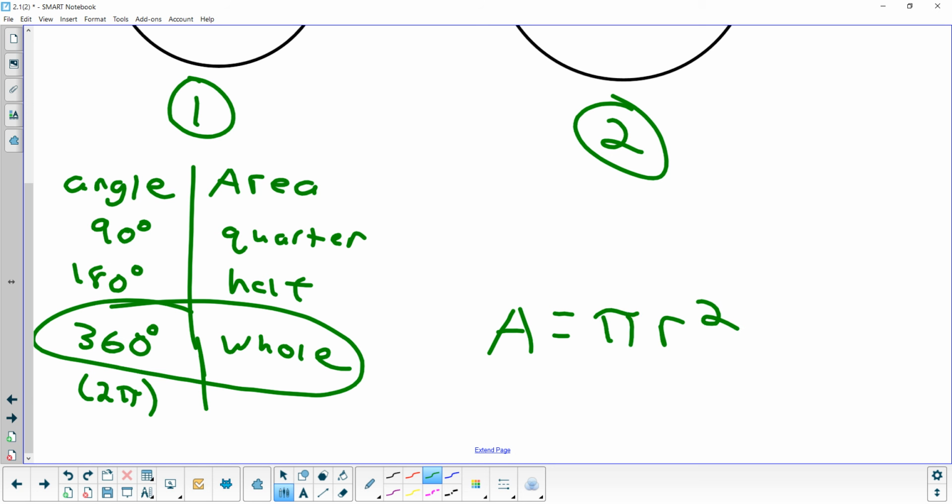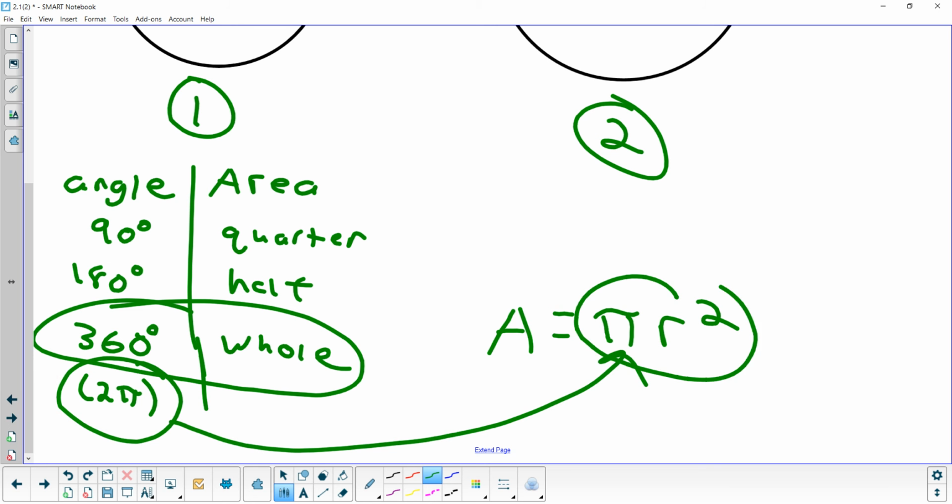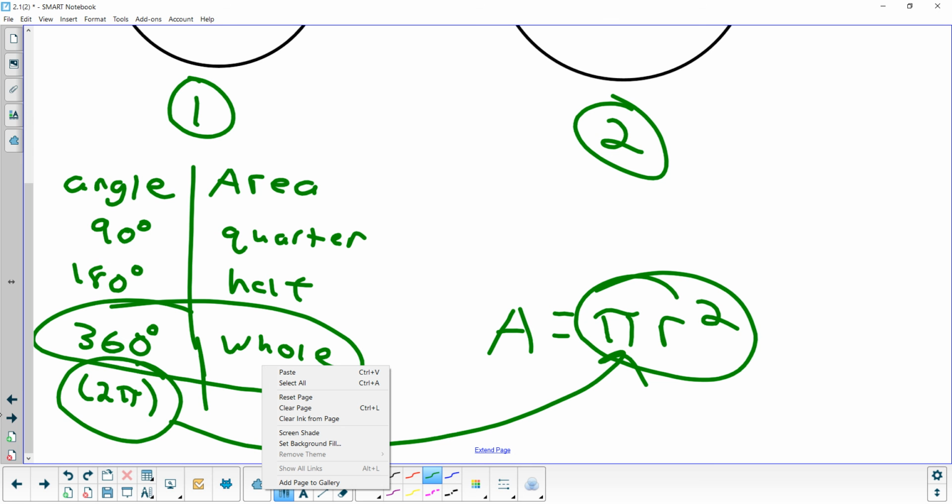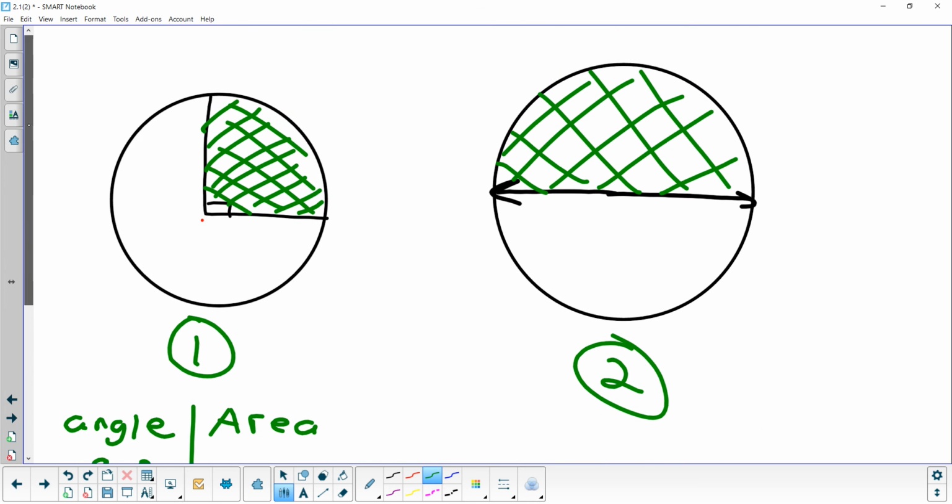Pi times radius squared. So here, this and that, there's my connection. If the angle is 2 pi, then it automatically forces the area to be the whole thing. We call the whole thing pi r squared. That's my 1 foot equals 12 inches. That's a fact that's true.